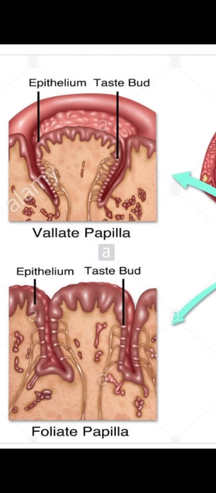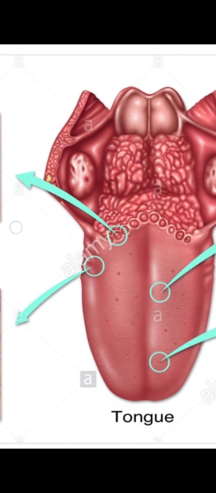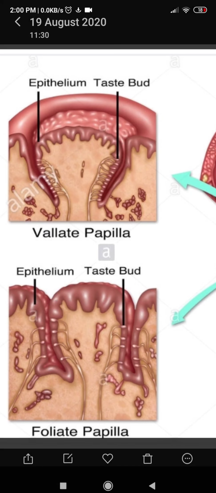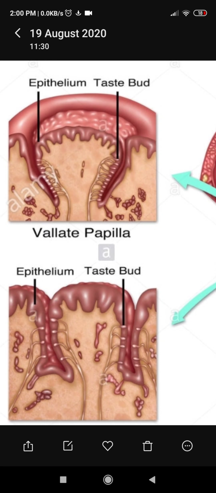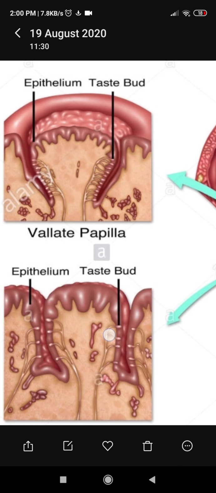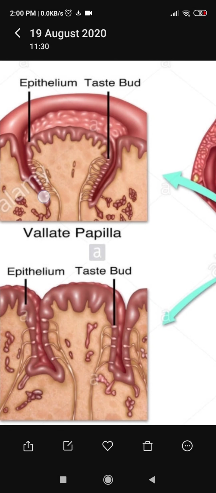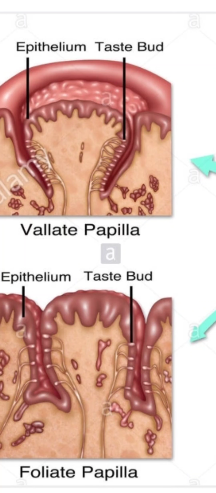Now these are the large papillas, and they can even be seen with the naked eye. So these are the 4 types of papillas which are present, and the velate papillas have the highest number of taste buds, and these are present along their sides. The taste buds in the foliate papillas are also present on the sides of the papilla, and in the circumvallate they are also present on the side of the papilla, in the trench present around the circumvallate.